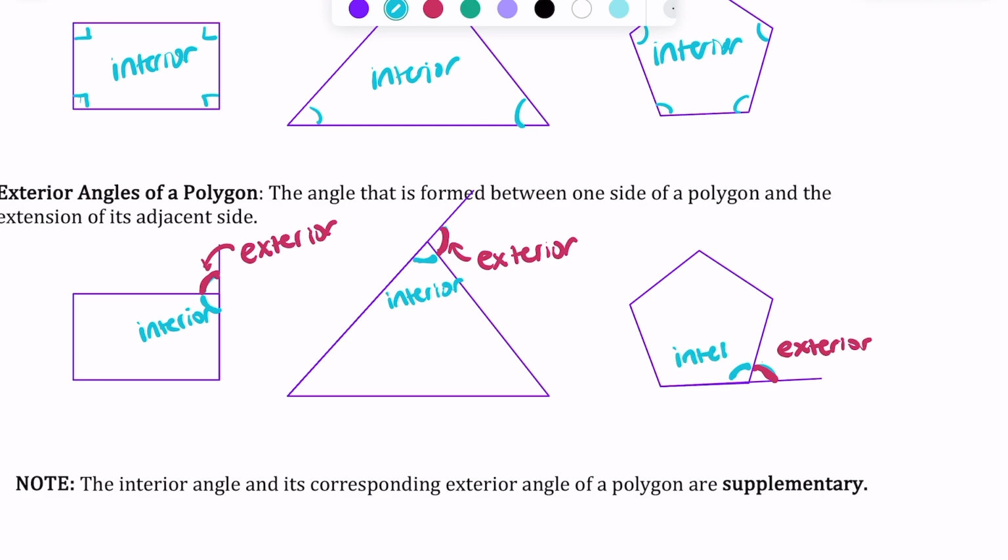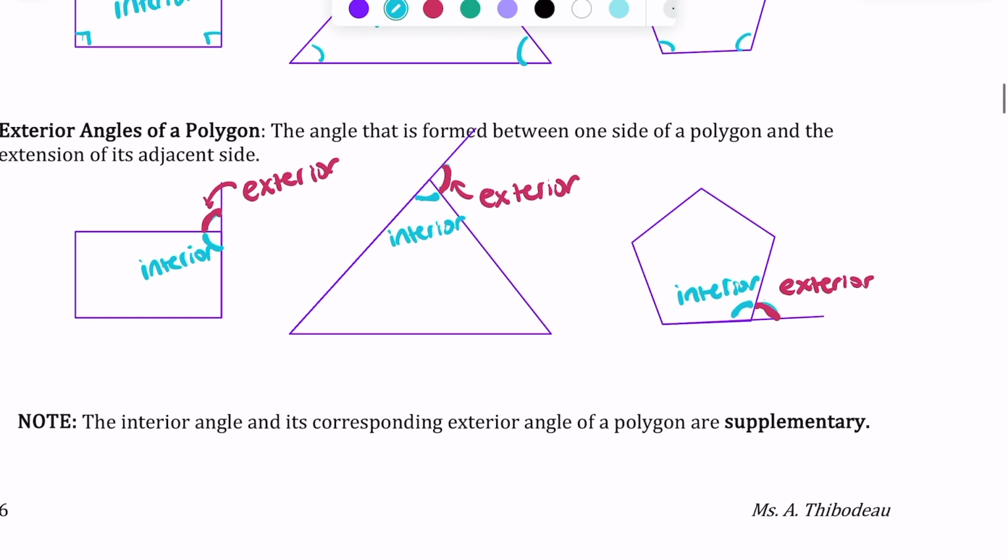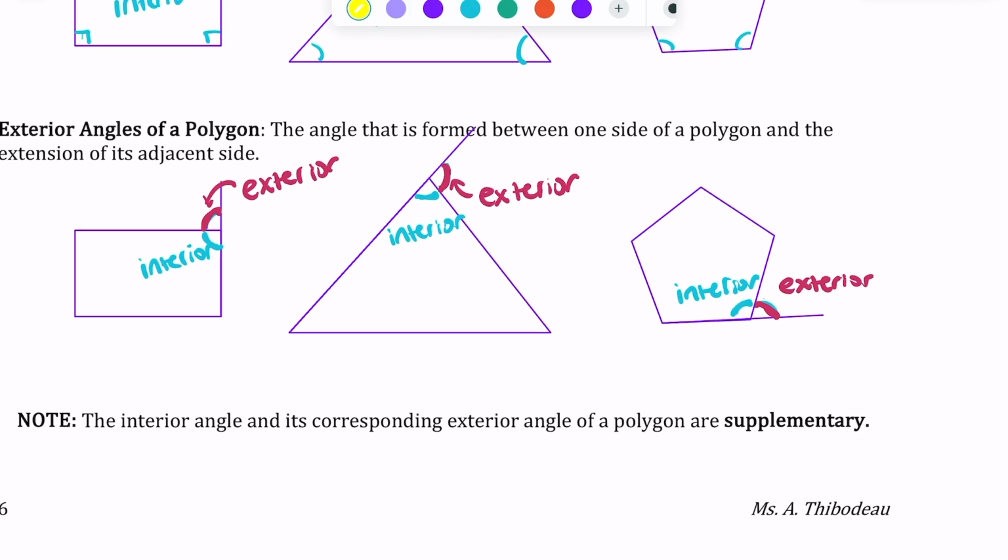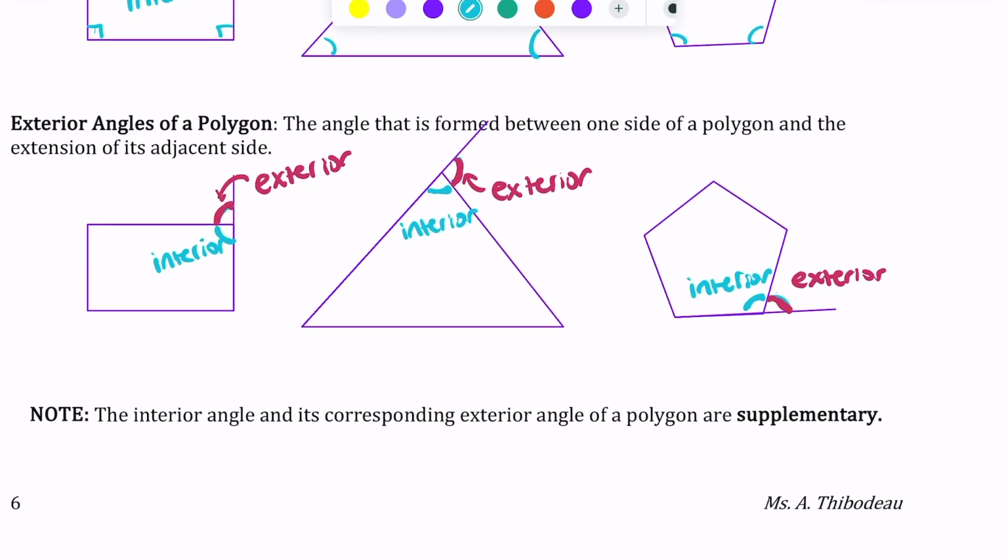And together, those angles will be supplementary, which means that they add to 180 degrees. So I could say the interior angle plus an exterior angle will equal 180 degrees. So if I know one, I can find the other. That is always, always, always true.